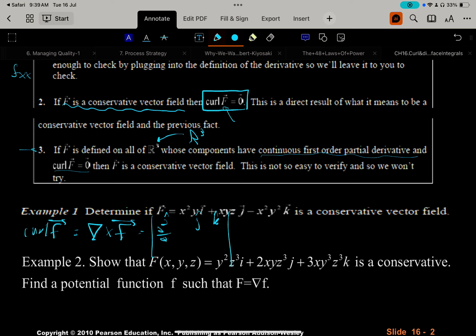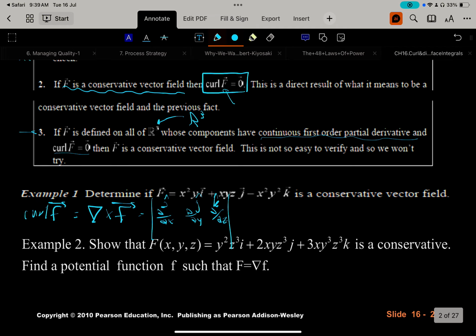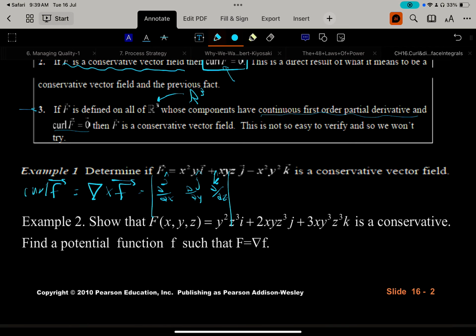Okay, so the partial derivative with x, partial derivative with y, partial derivative with z, and there is the P Q R. That's the curl of F. Okay, and so we have R_y minus Q_z i, and then minus R_x minus P_z j plus Q_x minus P_y, and that's basically the k.